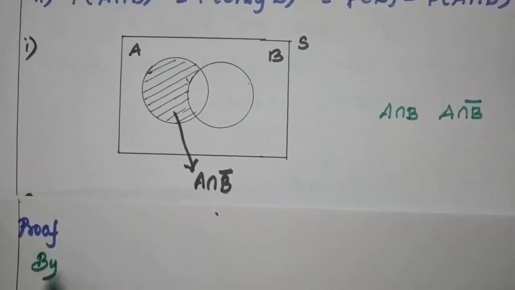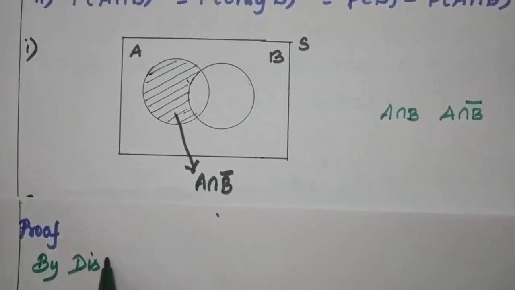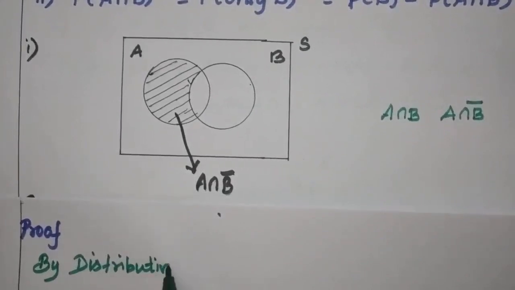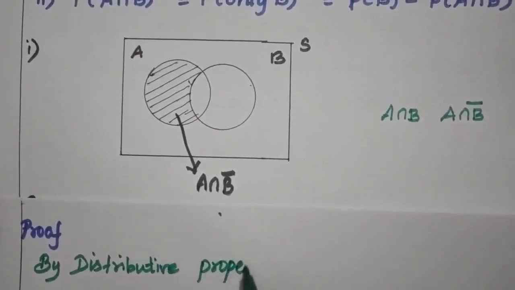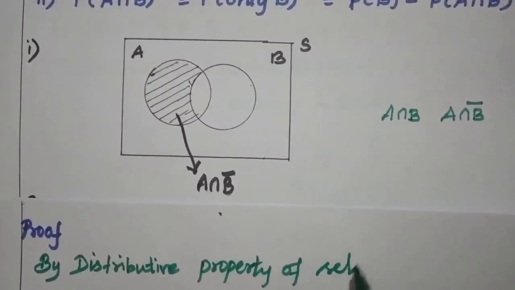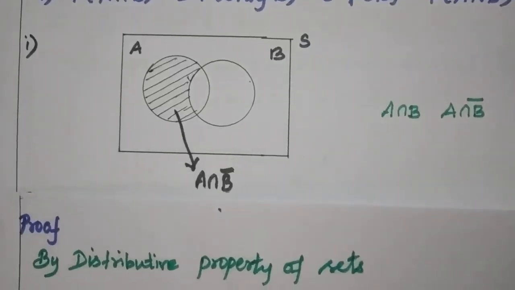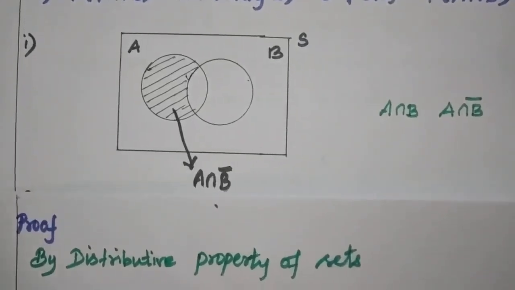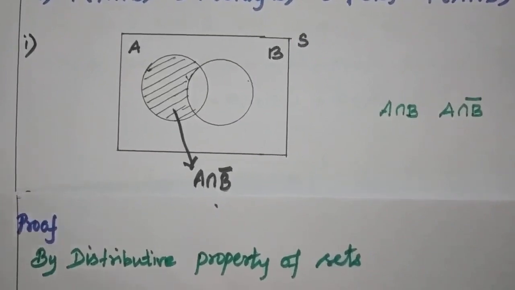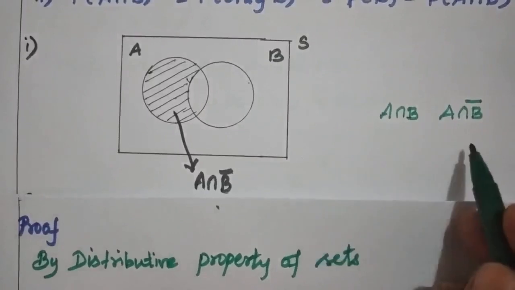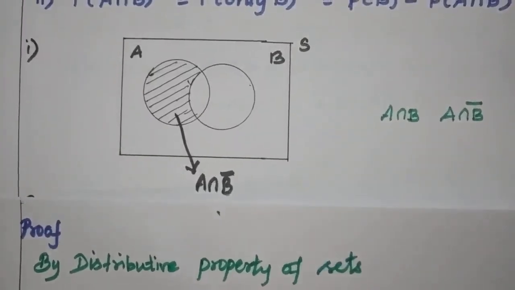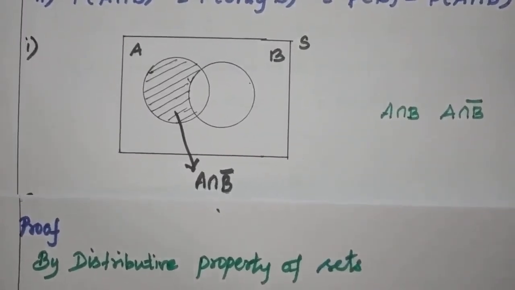By distributive property of sets, the first one is A intersection B and the second one is A intersection B dash.